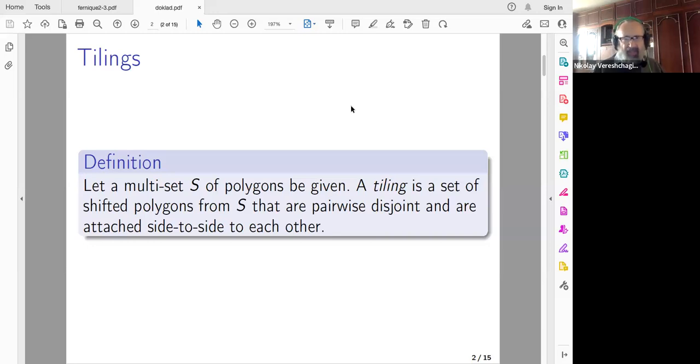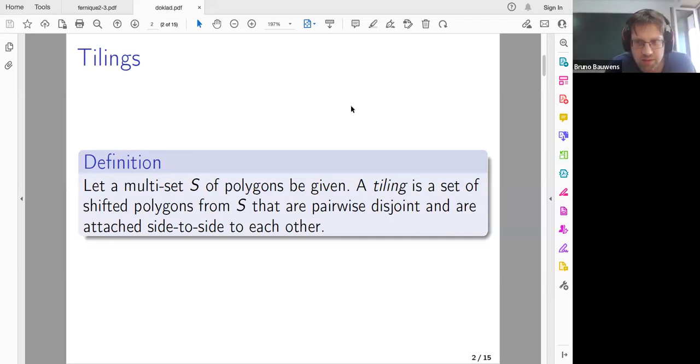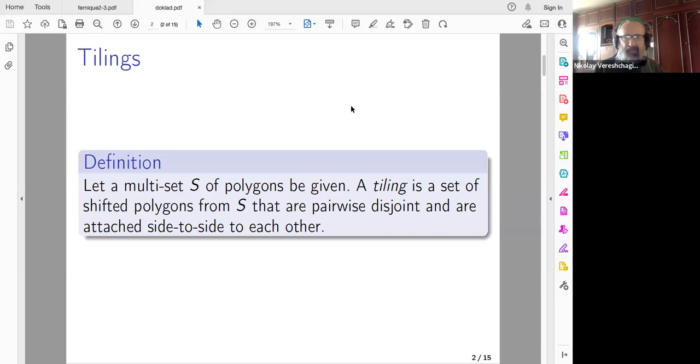And in that case, we require that if two polygons share a segment from their border, then they share the entire side. So this means side-to-side tilings. And no rotation, no symmetries, I mean no reflections.